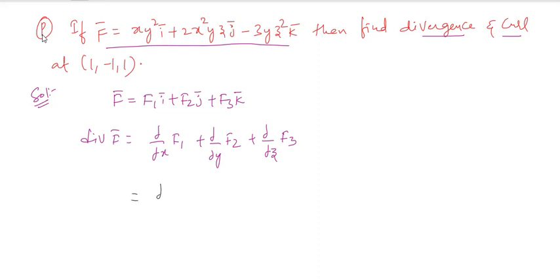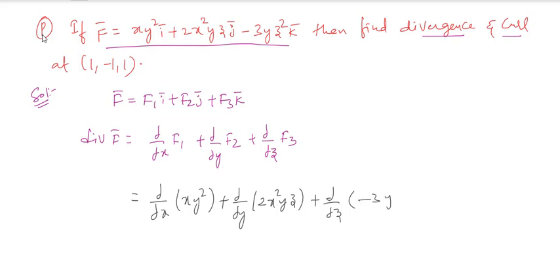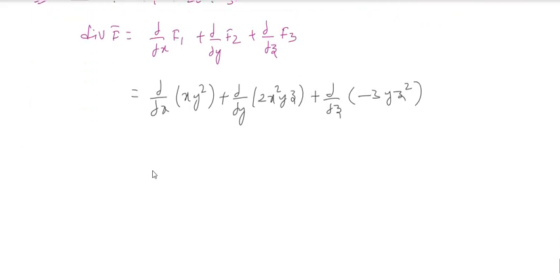Dou by dou x of f1 will be xy square, plus dou by dou y of f2, which is 2x square yz, plus dou by dou z of f3, which is minus 3yz square.